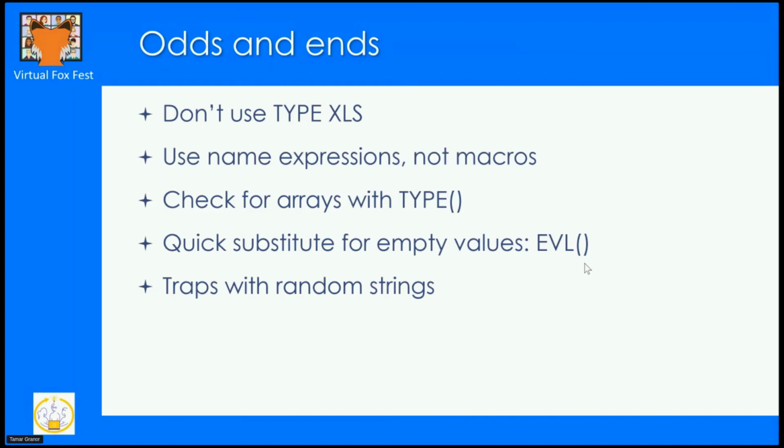EVL, you pass two parameters. If the first parameter is not empty, it returns the first parameter. If the first parameter is empty, it returns the second parameter. Really handy. One of those things that makes code more readable, and you can combine the two so that you can check for both nulls and empty values and specify what you want if there's no value.